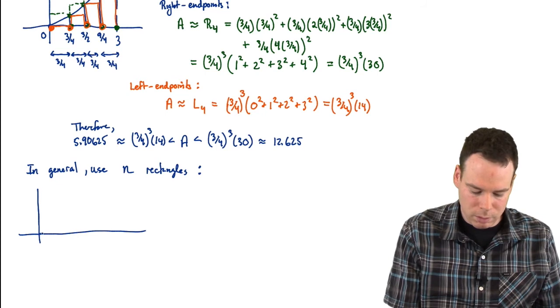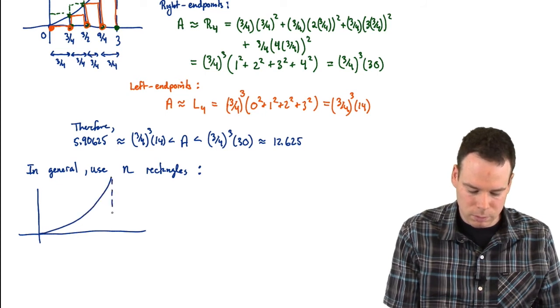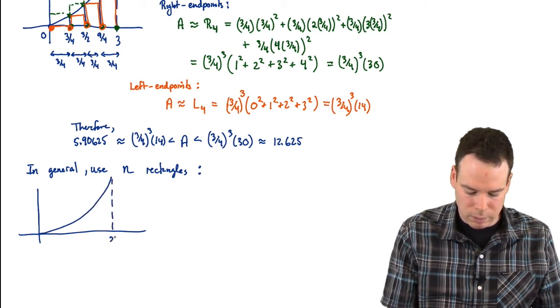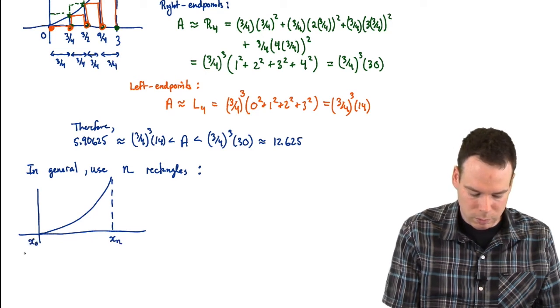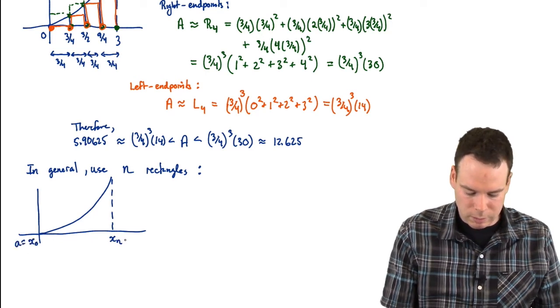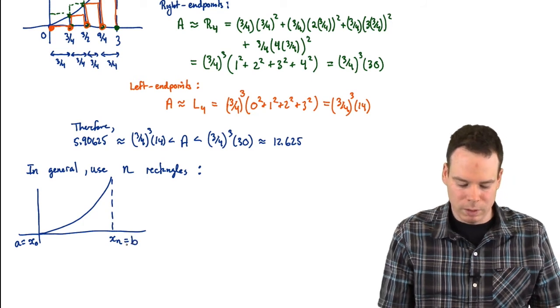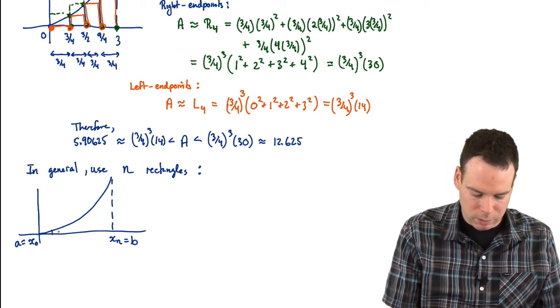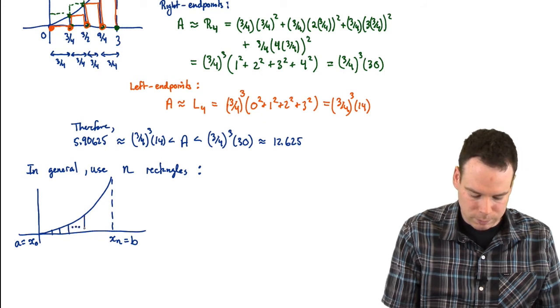So here's our interval. We're going to call that x sub 0, which is just a, and x sub n, which is just b. We're going to split it up into n rectangles. So here are our rectangles, and that pattern continues. There's another rectangle all the way up to here.